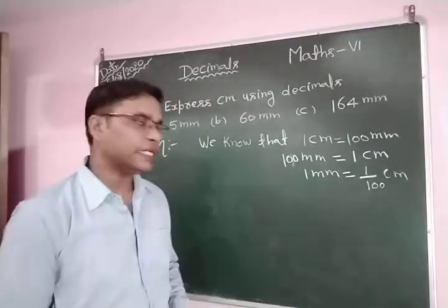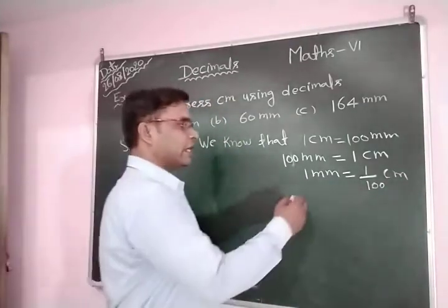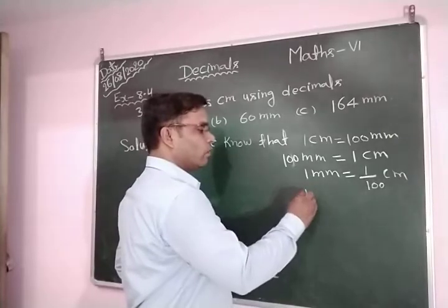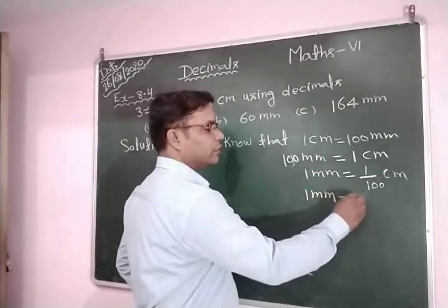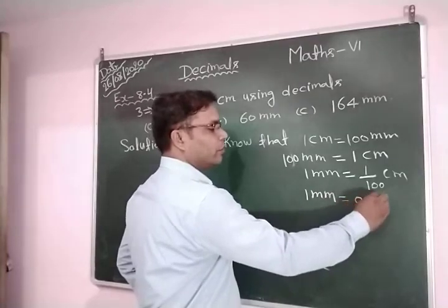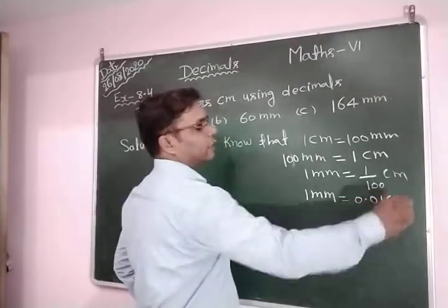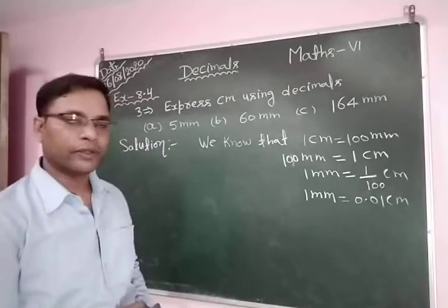centimeter. If you convert it in decimal, then you obtain 1 millimeter is equal to 0.01 centimeters.